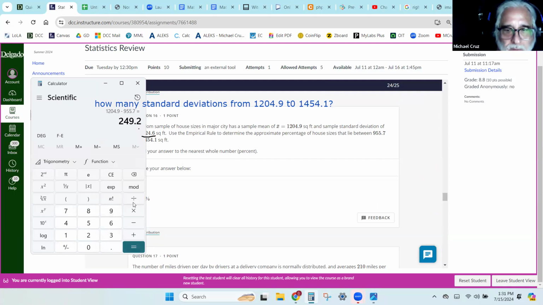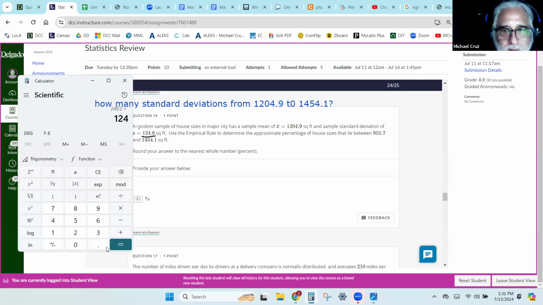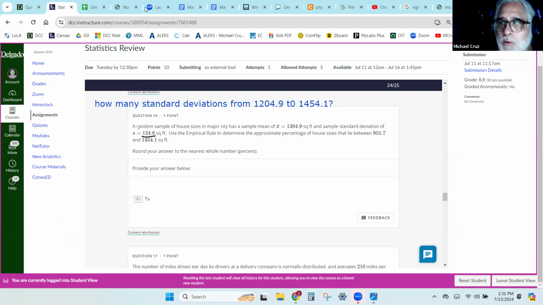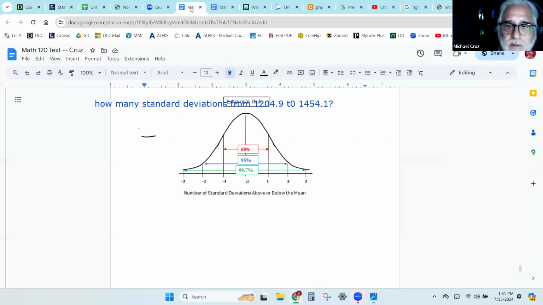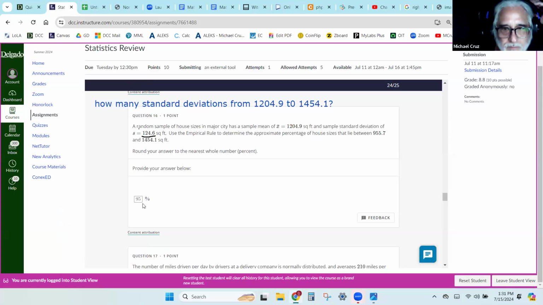And now that's that same value. So let's divide by the standard deviation and see that's 2 as well. So 2 standard deviations gives us 95%. And that's where that 95 comes from.